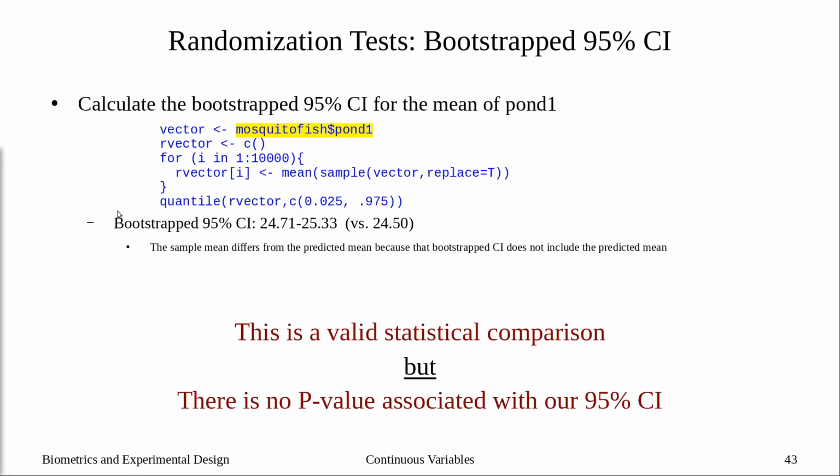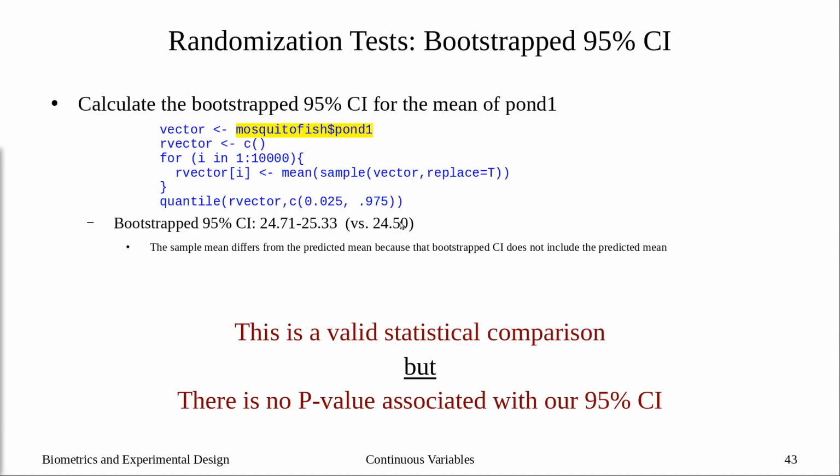So this would be our general code, where we copy and paste it, and we only replace this one line, for example, mosquito fish pond 1. And this would generate a bootstrap confidence interval. When I ran this, I got a confidence interval of 24.71 to 25.33. So any hypothesized value within this range means that our sample mean is not different from those values.